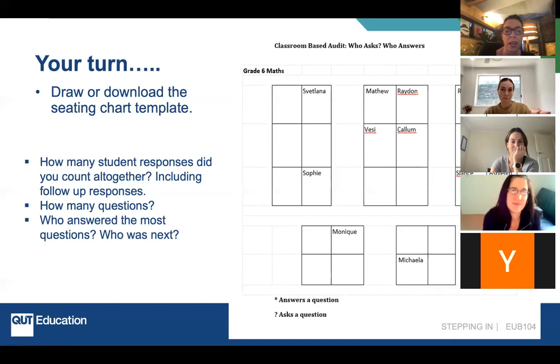Possibly counting the additional questions once one question was asked, I wasn't so sure about that, because I don't know how that would assist your understandings. Angela had 10. Yeah. 19, 15. So you've all done it in different ways. And it was also quite hard. Who found it tricky? You had to watch it a few times.